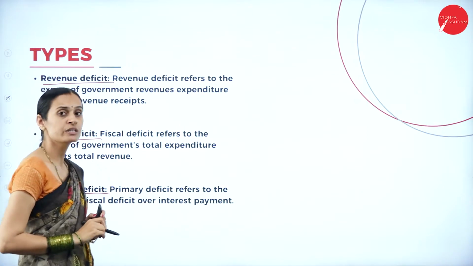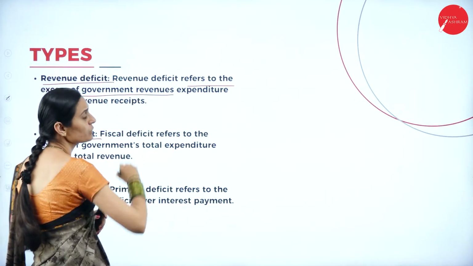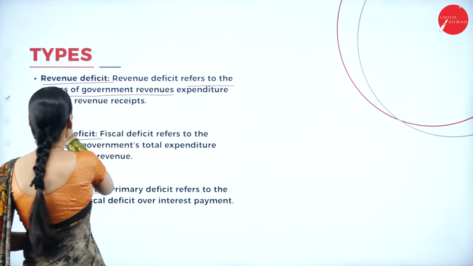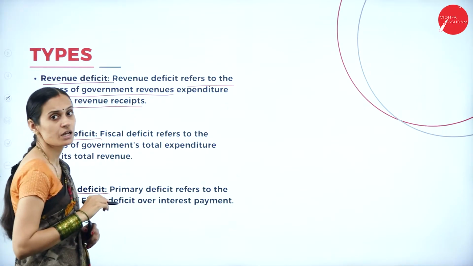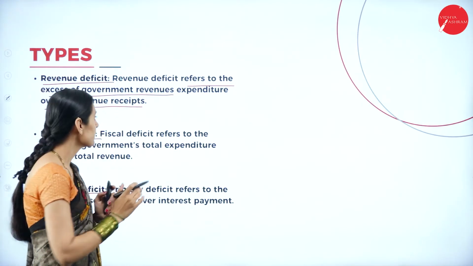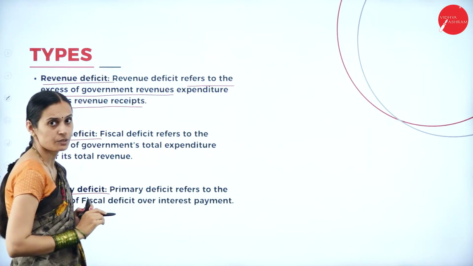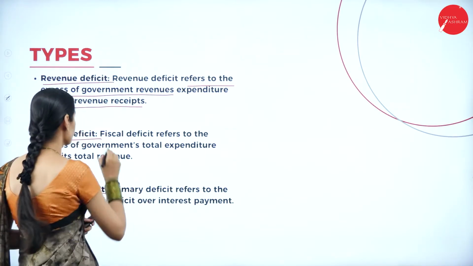Revenue deficit refers to the excess of government revenue expenditure over its revenue receipts. So government revenue expenditure is more than the revenue receipts; it is called revenue deficit. How to write revenue deficit?